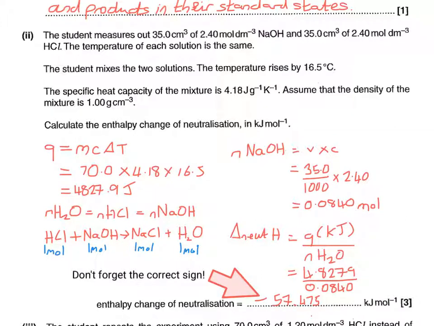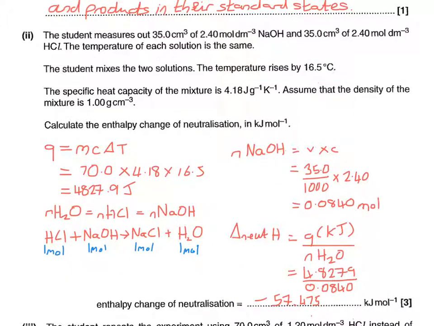To work out our ΔH, we take our value of Q in kilojoules, so it's 4.8279, divided by 0.0840, that gives us 57.475. Obviously not forgetting the correct sign, because it's an exothermic change. Because if you remember, the temperature rises by 16.5 degrees C.